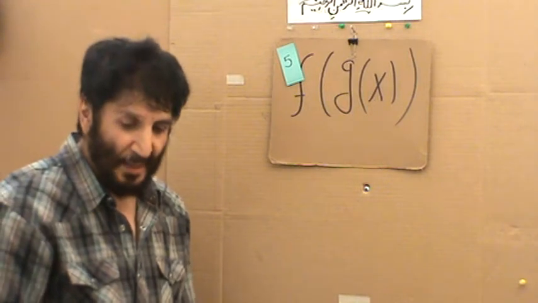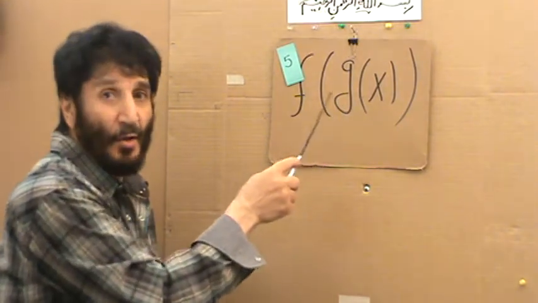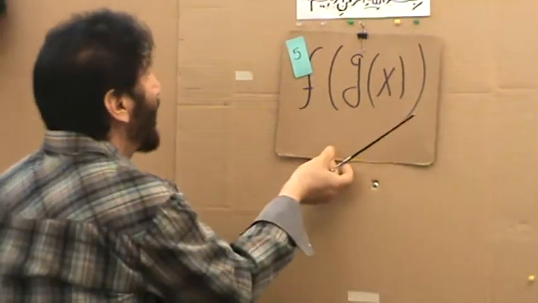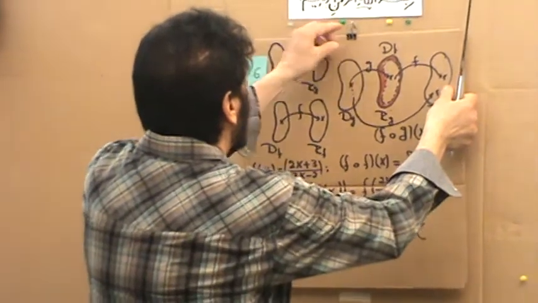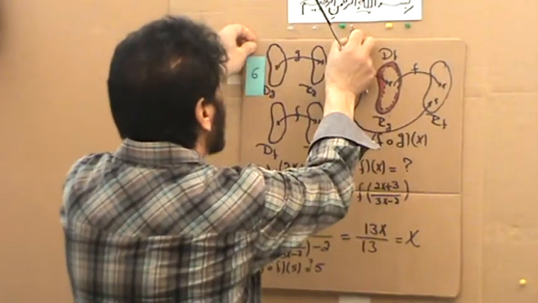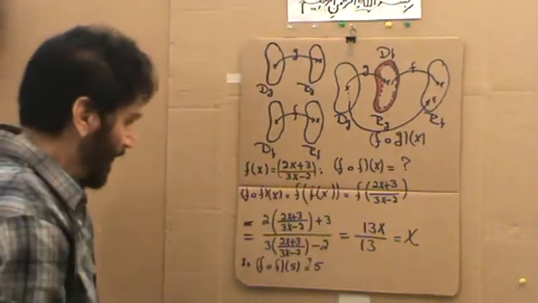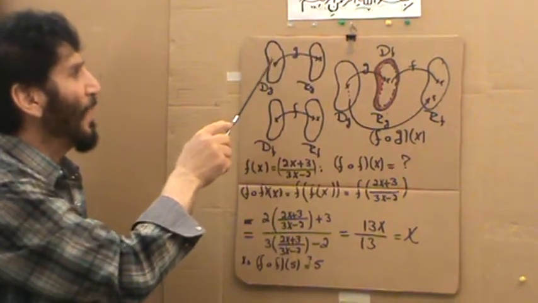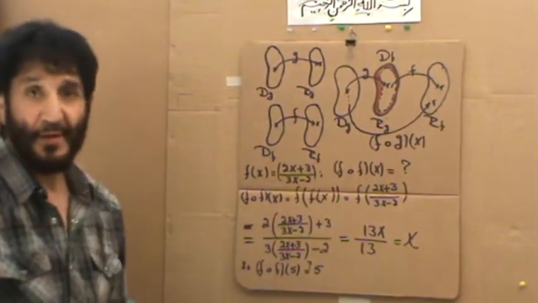This will lead to different kinds of situations about the composition of functions, and I have them written here, and I will go over them with your permission. Here, g is mapping all this domain of g to its range, and f is doing the same, both of them are well-defined functions.